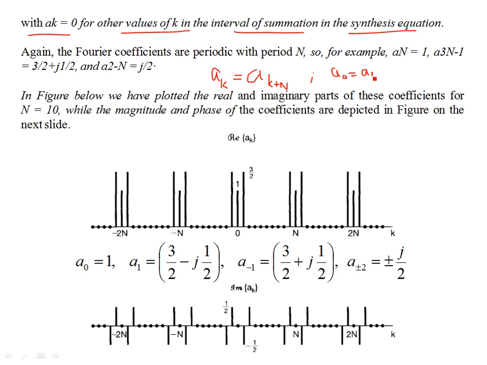The DC Fourier coefficient is going to repeat. Similarly, a1 repeats as a of N plus 1.